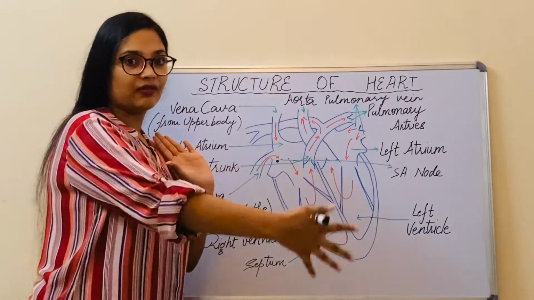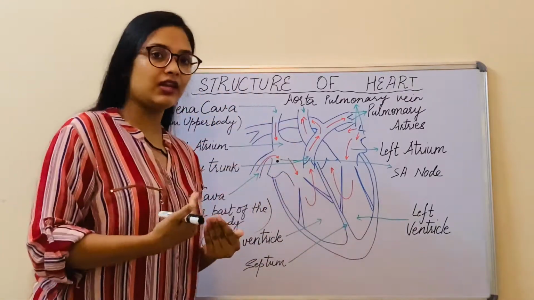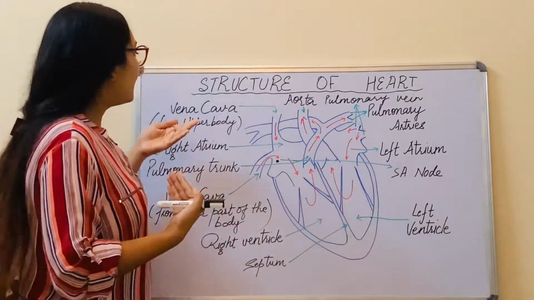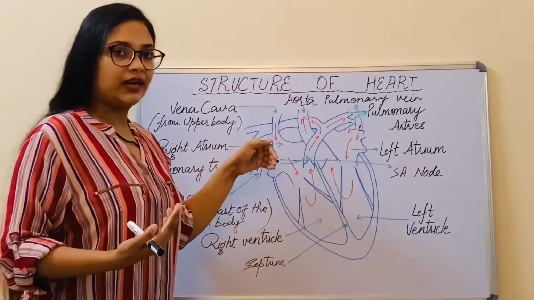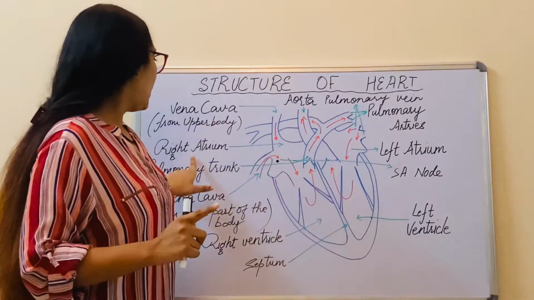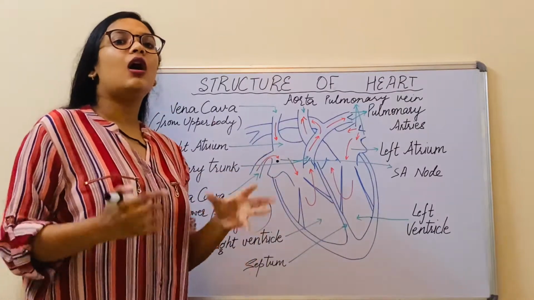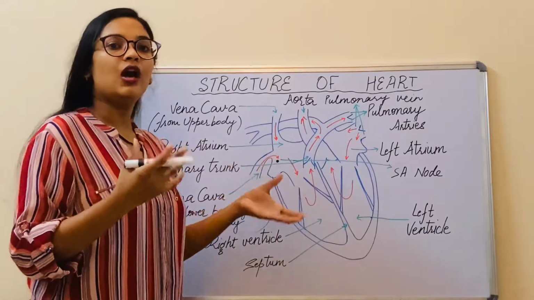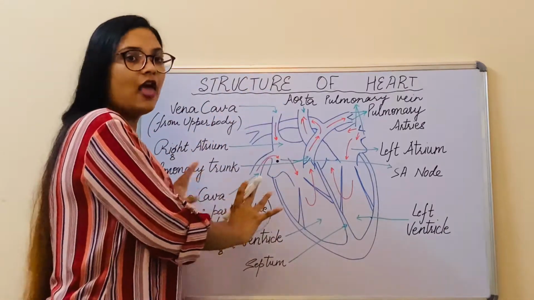And all the veins from the lower part of the body merge together to form the inferior vena cava. However, both these vena cavas eventually drain the blood that they are carrying through a single passage to the right atrium. So the right atrium is the part of the heart which gets all the deoxygenated blood from all of the body.